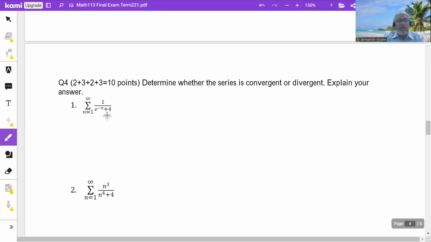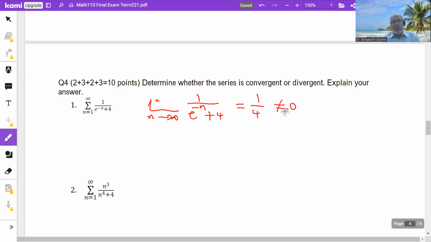It is a geometric series, but I have here plus 4. Let me find the limit of a_n, when n approaches infinity. When n approaches infinity, e to the power negative infinity is 0. So the limit is 1 over 4. Okay, it is not equal to 0.